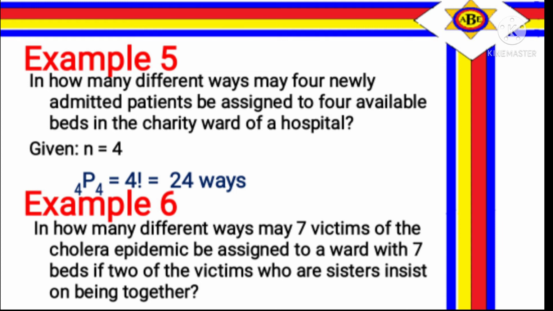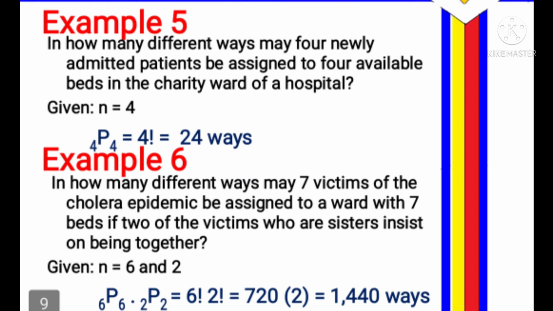Example number 6. In how many different ways may 7 victims of the cholera epidemic be assigned to a ward with 7 beds if 2 of the victims who are sisters insist on being together? So we have 6 and 2. So 6P6 multiplied by 2P2.